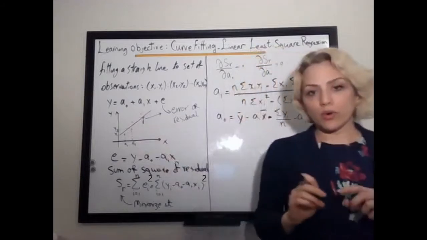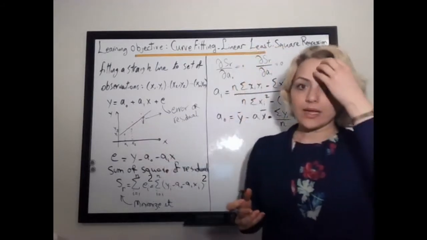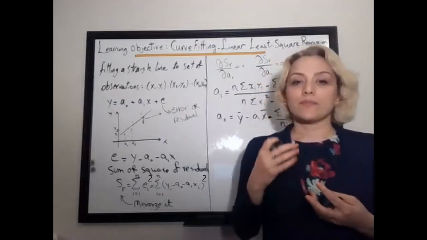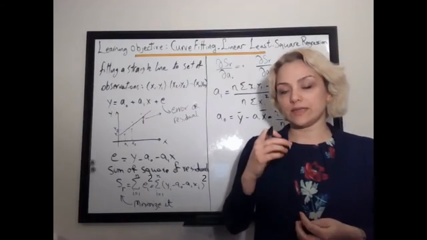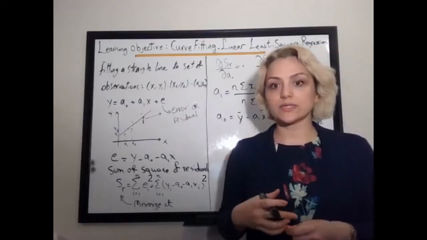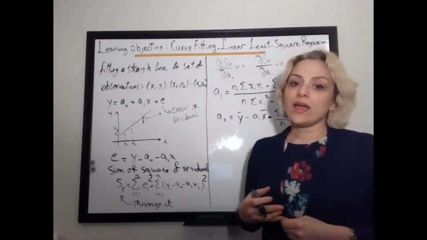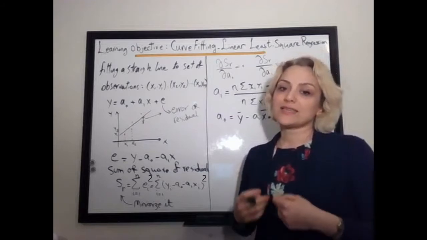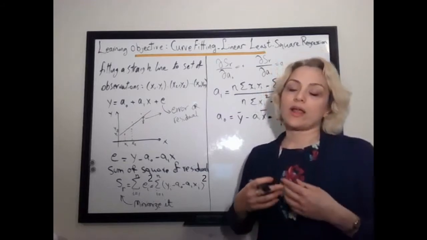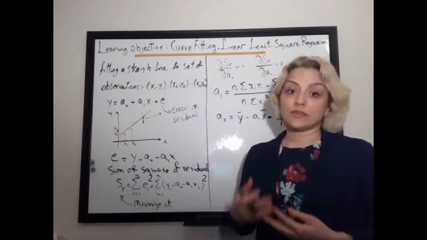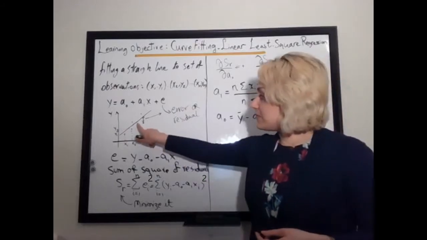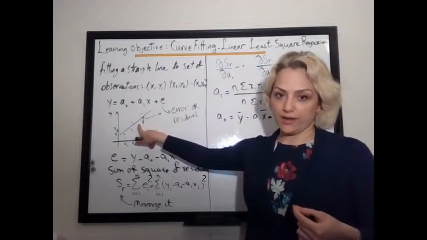There is just one more thing before going to an example. When you look at SR, the sum of the square of the residuals, in fact, we can also define the standard error of the estimate for the regression line. We name this line the regression line, right?